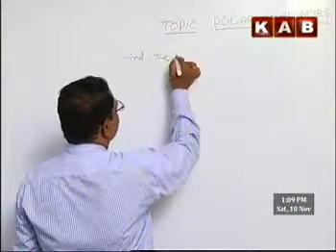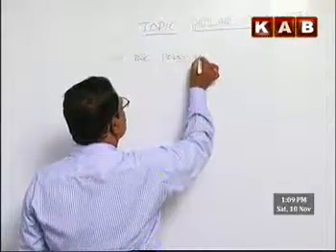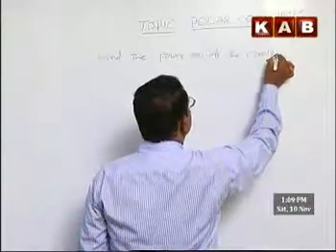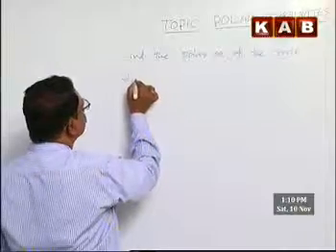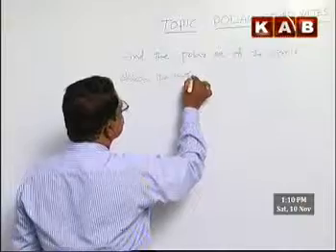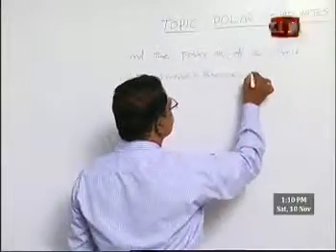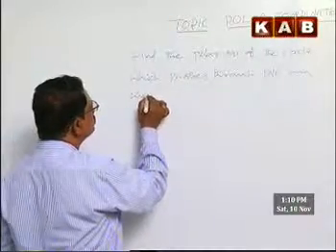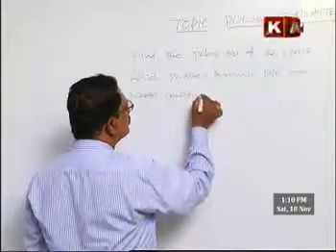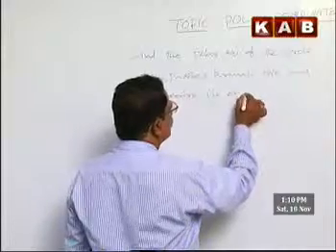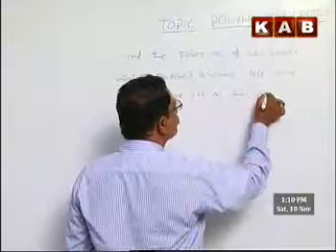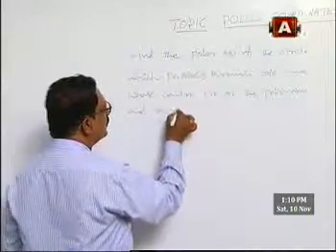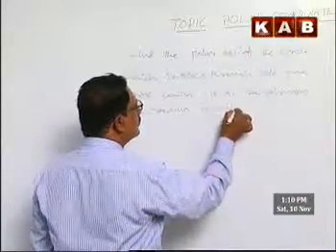Find the polar equation of the circle which passes through pole and whose center lies on the polar axis and radius A units.